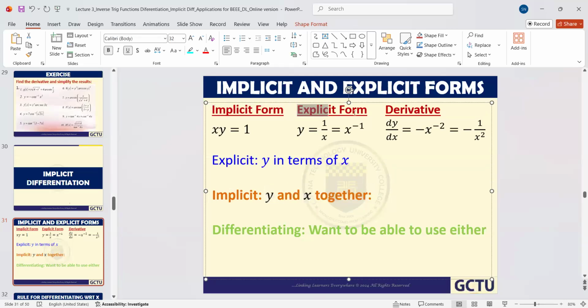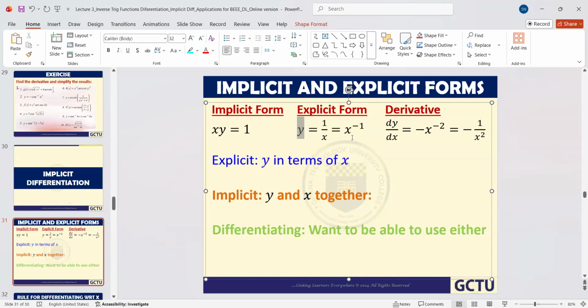When we say explicit form, then it means that y rather is in terms of x. So y is the subject. We want to make sure we understand the terms or the concept here. Implicit means that the x and y are together. Okay, implicit, they are together.